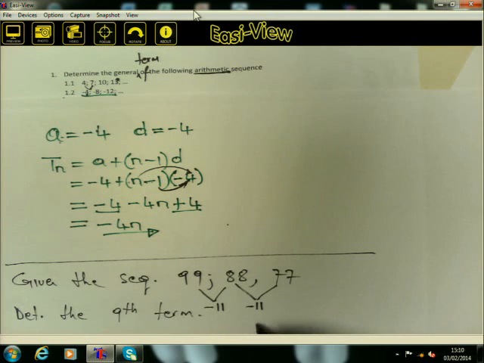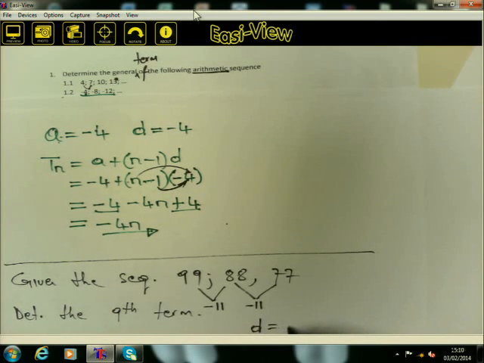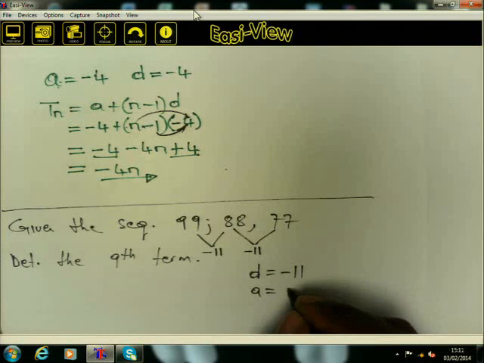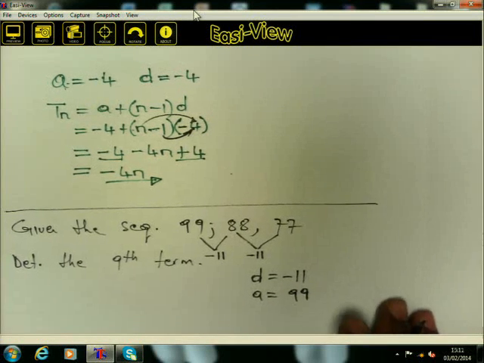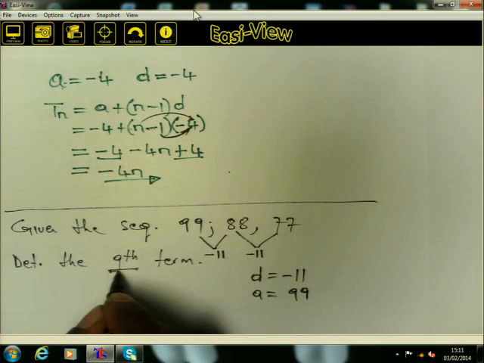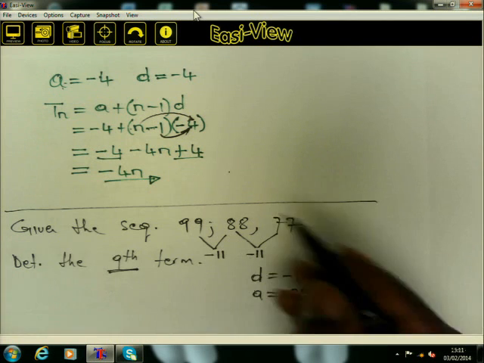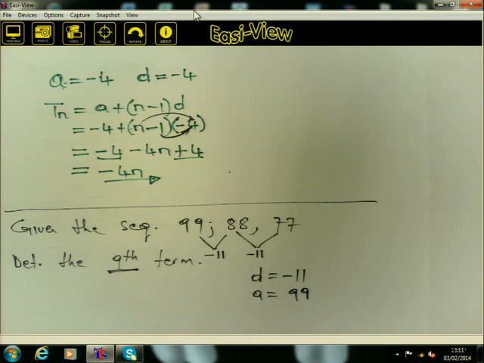So in this case, our difference is equal to minus 11. Our first term is given as 99. So what are we looking for? We are looking for term number 9.